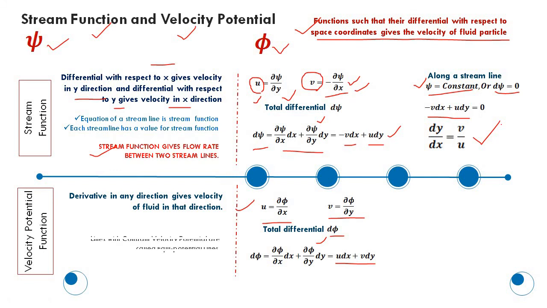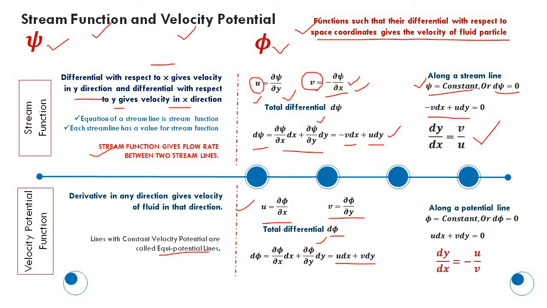Okay, then similarly, lines with constant velocity potential are called potential lines or equipotential lines. So proceeding in the same way, what is the equation of a potential line? Phi equal to constant, or along the potential line phi is a constant, or d phi equal to 0, or u dx plus v dy equal to 0.